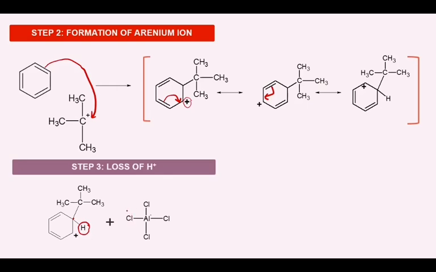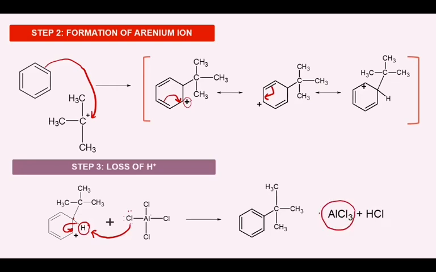This chlorine has a lone pair here, it will attack the H, and this CH bond will break, and 2 electrons will go to this side, not to this C+, and we will get back our CC double bond in the ring, and the side product HCl, and the AlCl3, which acts as the Lewis acid catalyst, will remain as AlCl3. So that is the mechanism for the tertiary haloalkane.